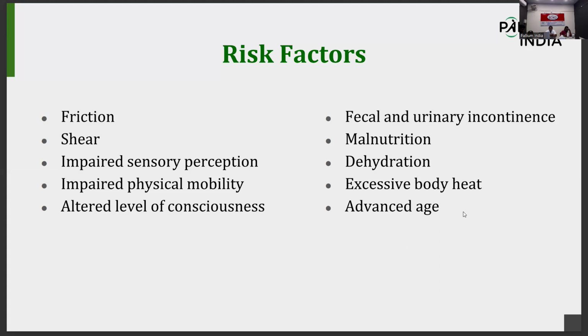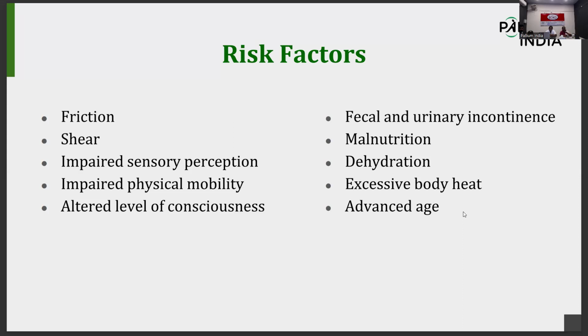It will cause friction in the skin. It causes pressure injuries. Then next one is shear. How we position the patient: we position the patient with our hands, and the hands may cause some pressure to the particular area. It is called shear.